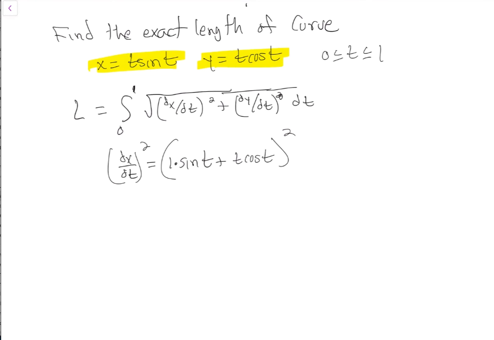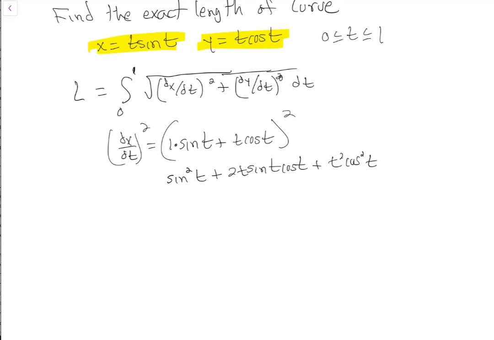I'm squaring a binomial, so I'm going to square the first, multiply the 2 and double, and then square the last. Now for just a moment it looks like I might be able to clean this up, but I can't. It looks like I have sine squared plus cosine squared, which equals 1, but that t squared coefficient on the cosine messes up my ability to do that.